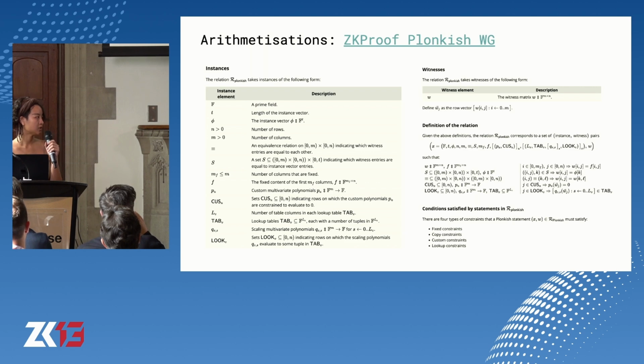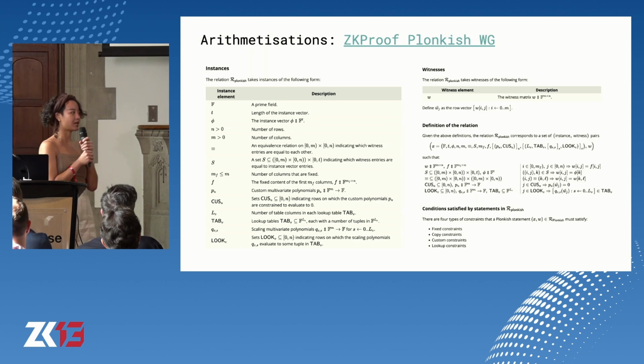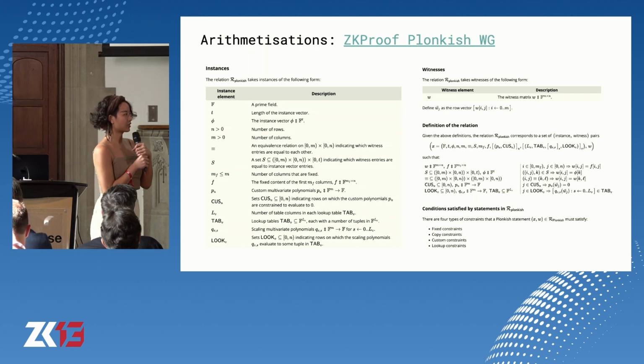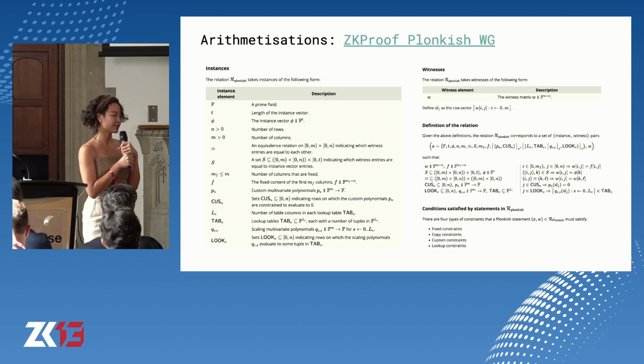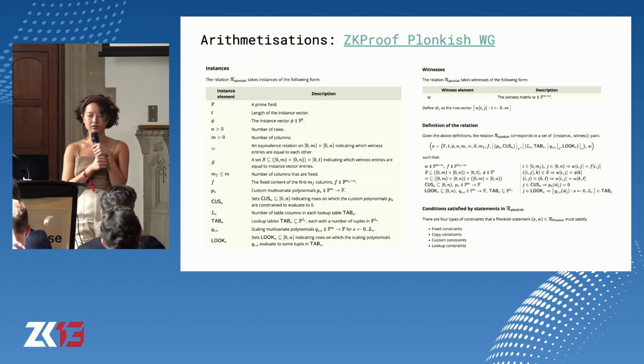So I'm now gonna go through some existing efforts that are already ongoing to standardize generic ZK SNARKs. The ZK Proof Standards working group has been working on standardizing the Plonkish arithmetization for a few years now.